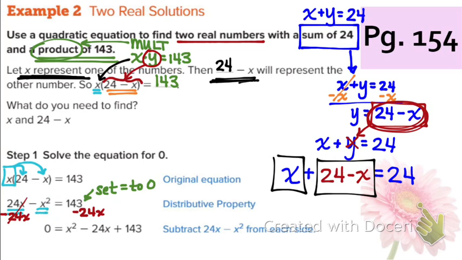Add x squared to both sides. Now will I get a 0 over there? Yes. Positive x squared, so that's up at the front. Negative 24x, so minus 24x. Was that 143 a positive or a negative? Positive, so I put plus 143.